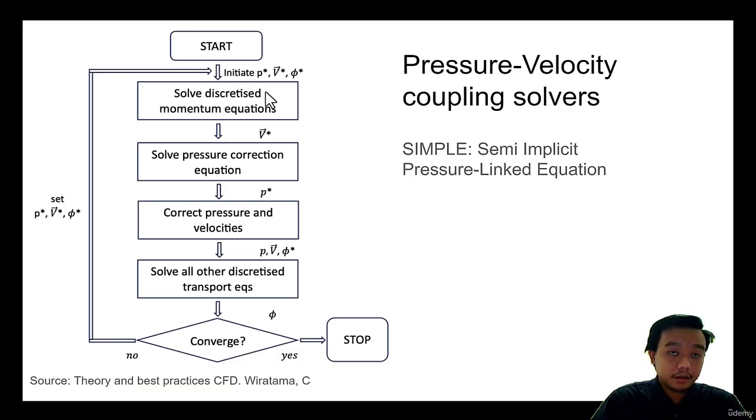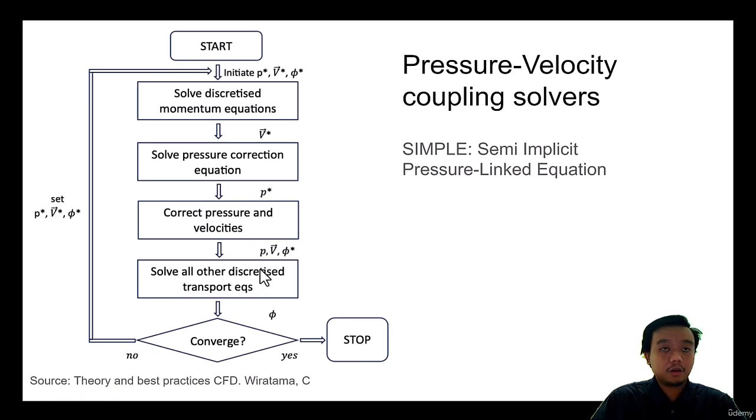Let's say we guess some values of pressure, velocity, and other values like the turbulence, and we solve the momentum equation to find the velocity. Then we use that velocity to solve the pressure, and then correct it and so on to get the whole set of values.